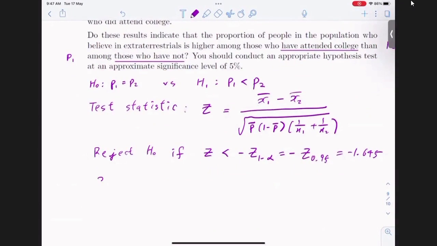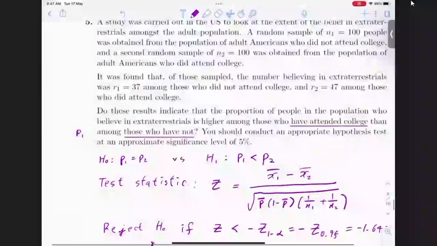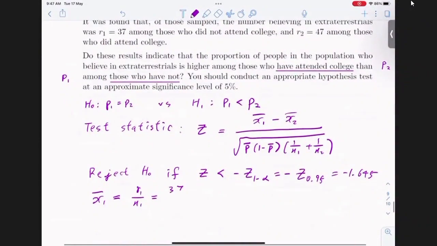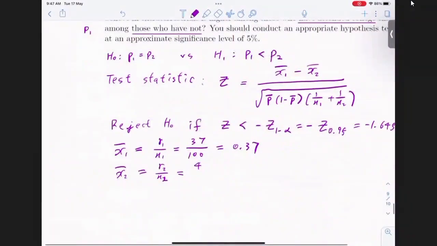The first step is to find the sample proportion from the first sample. The count is 37 divided by 100. So for the first sample, the sample proportion is 0.37. For the second sample, it is 47 divided by 100, 0.47. And then we compute the pooled sample proportion.